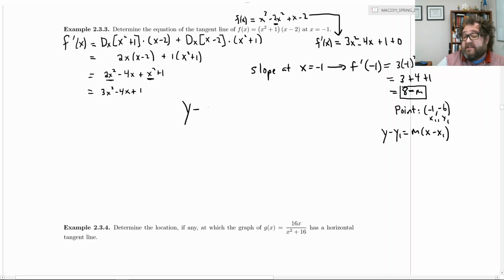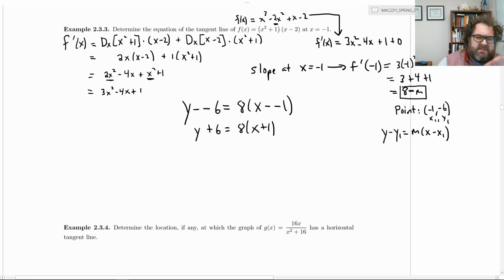So y1 is negative 6, so minus negative 6 equals m, which is 8, times x minus x1, which is negative 1. And now we clean this up a little bit. Let's see, that's y plus 6 equals 8 times x plus 1. I mean, this is the answer. I didn't specify in the directions here. So this is the answer.